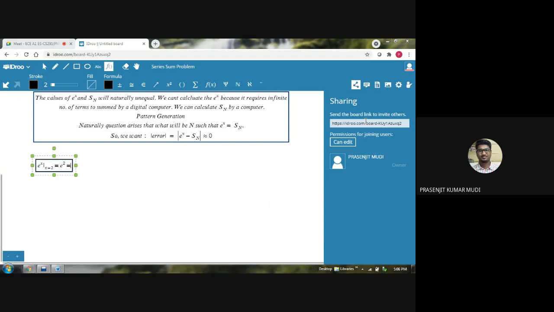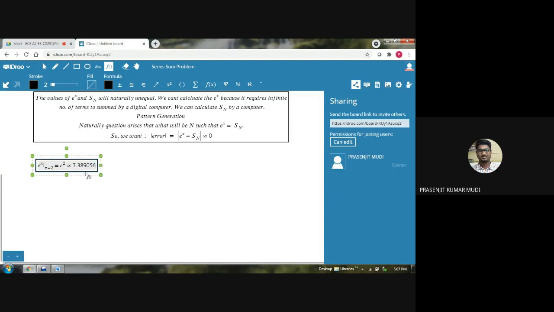Yeah, so e square is equal to 7.389056, if we consider 6 decimal places. This is almost equal to, not exactly equal, up to 6 decimal places.